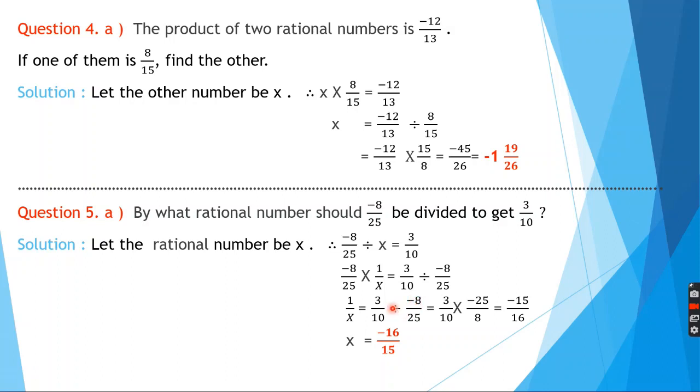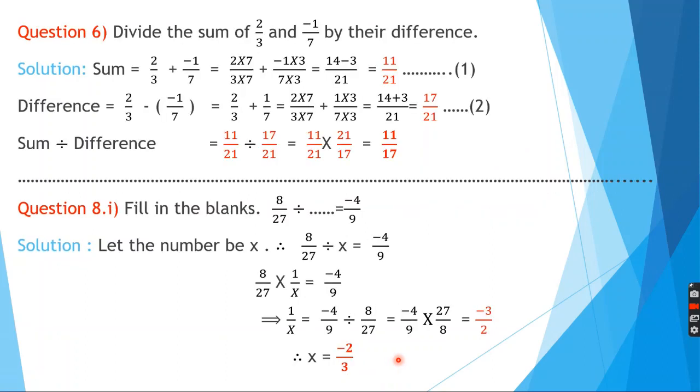It will become division. Take the reciprocal and simplify. Therefore 1 by x is equal to minus 15 by 16. Therefore x is equal to minus 16 by 15. Don't forget to write the value of x. If you stop at 1 by x, the answer is not complete. X is what they asked. Therefore the rational number is minus 16 by 15.